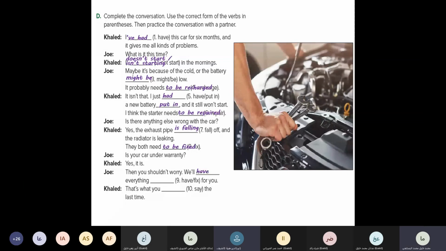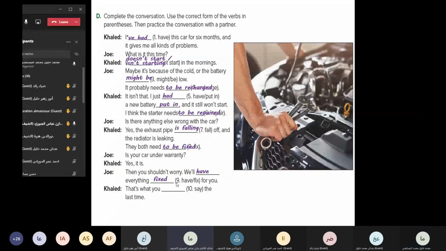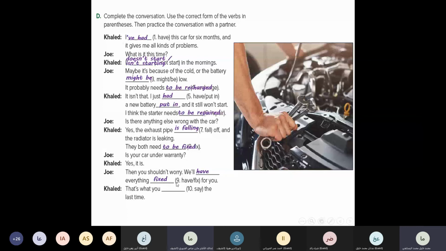We will have everything what? Fixed. We will have everything fixed. Good. Number 10. That's what you said. That's what you said the last time.